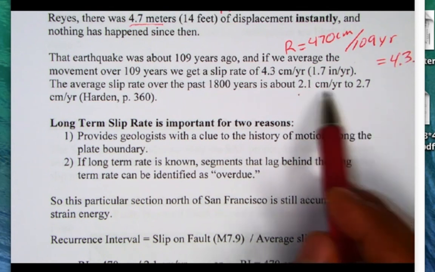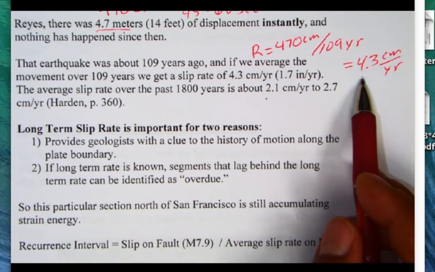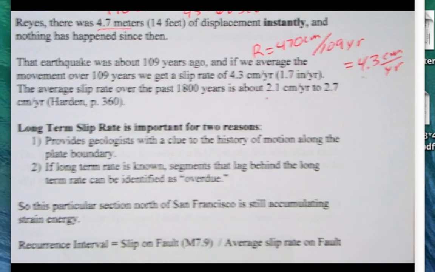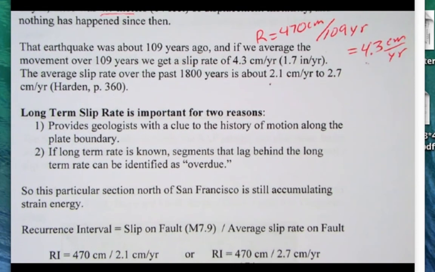And so that's actually a little bit slower than what we're getting here, which means that this fault has relieved, this 4.3 centimeters per year has relieved quite a bit of strain energy, and the fault is still accumulating strain. So in other words, it's not ready to give another earthquake, at least not for a little while. And so let's see how we can figure out when to expect the next earthquake.